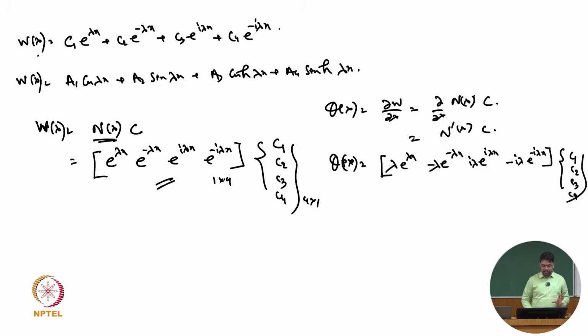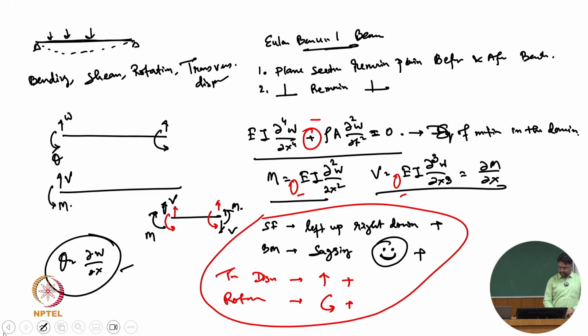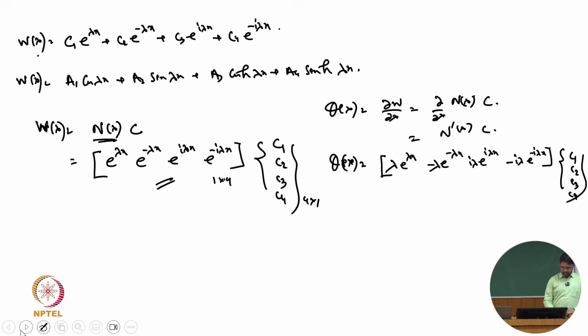Now we also have to calculate the other two things. What is the moment? Moment equal to EI into del 2 w del x 2.